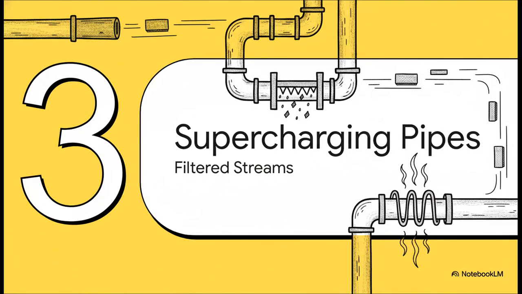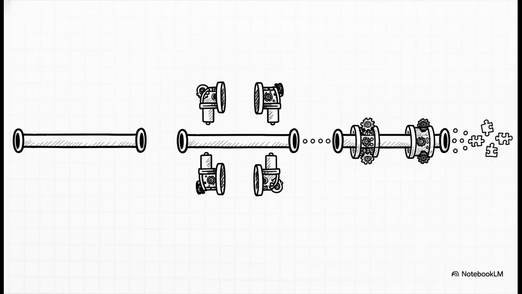So having basic pipes that can move raw data around is awesome. It's a great start. But what if we want to get a little more sophisticated? What if we want to add a filter to our water? Or maybe buffer it up to make it flow faster? Well, in Java, we can totally supercharge our data streams in a very similar way. This is one of the coolest parts of Java's design, honestly.